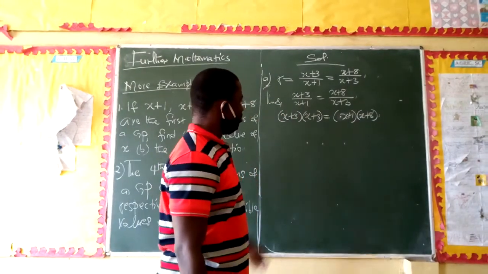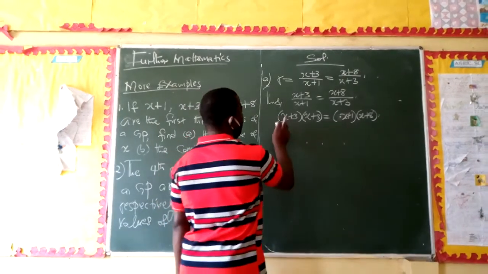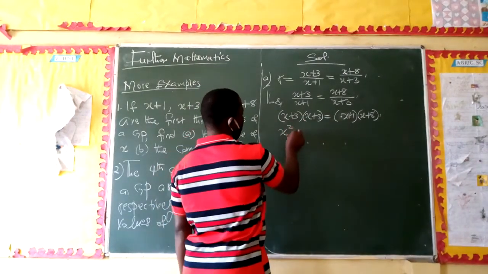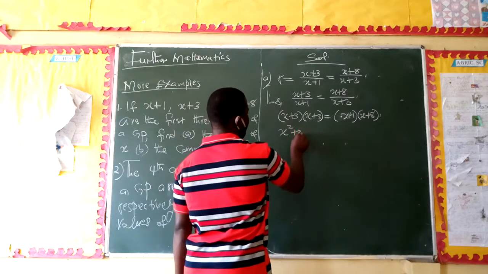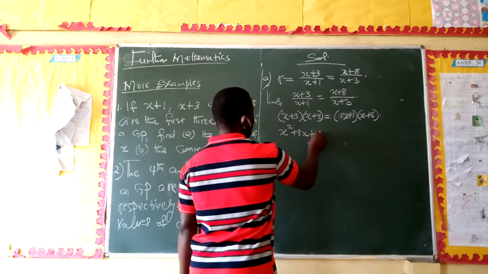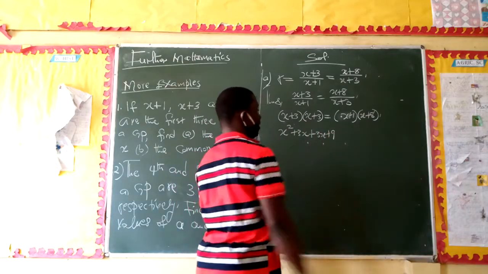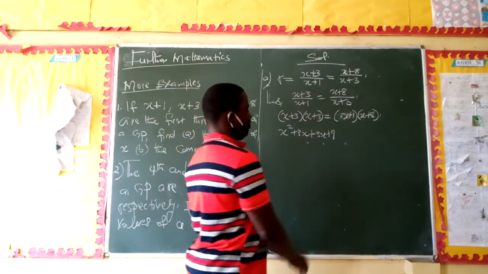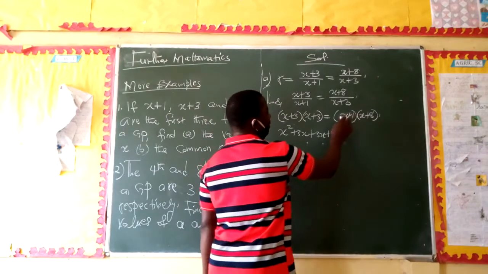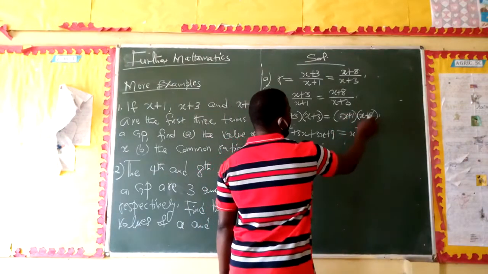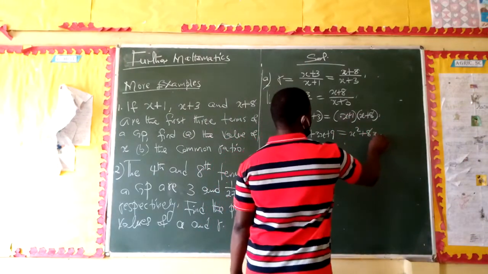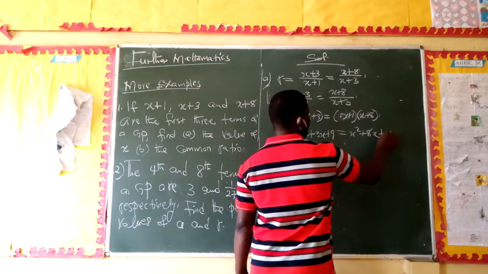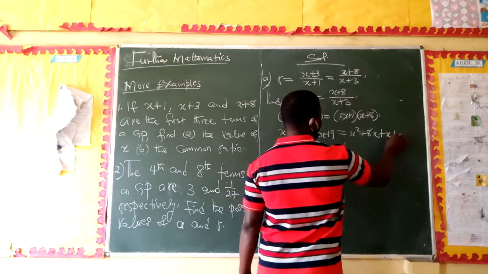Okay, so we expand this bracket. This times this is x squared, this times this plus 3x, plus 3x, plus 9. Obviously, it is a squared number, so there's no problem doing it like this. So we have x squared here, 8x, this times this is plus x, 1 times 8 is plus 8.